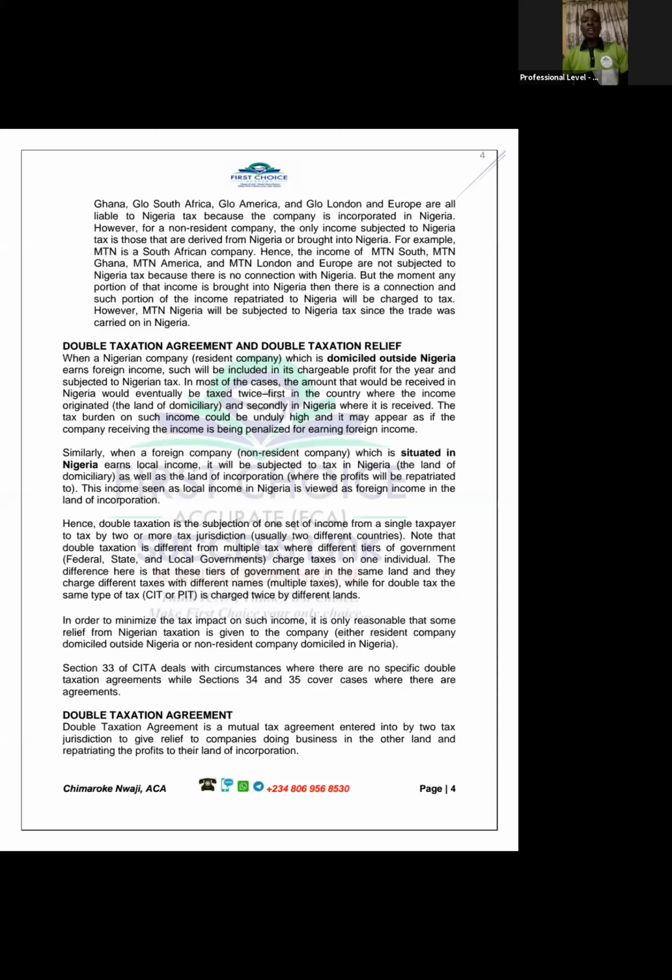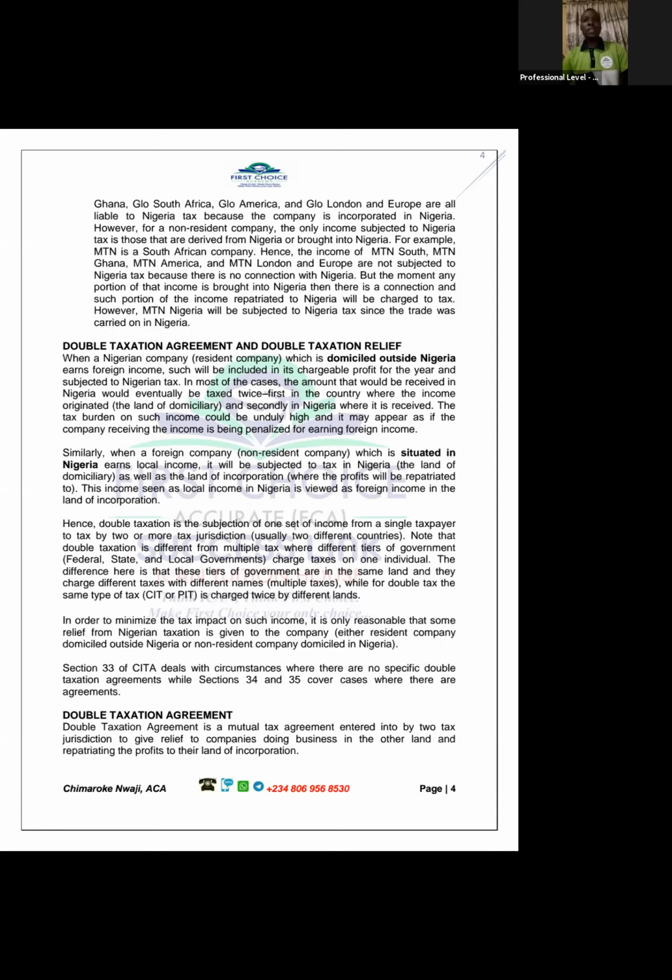Whenever that Nigerian company gets taxed outside and brings it back to Nigeria, if there is a double taxation agreement, what the Nigerian government will do is to compare the tax rate of the foreign country where it is domiciled with the tax rate of Nigeria. Whichever is the smallest, that is the rate that will be used to charge the income of the foreign currency to provide relief.